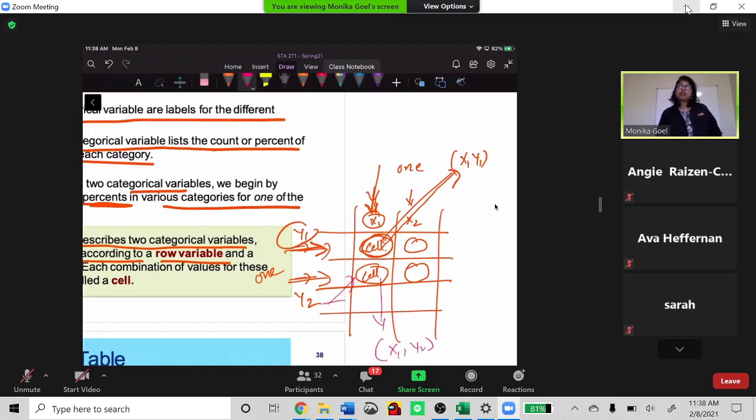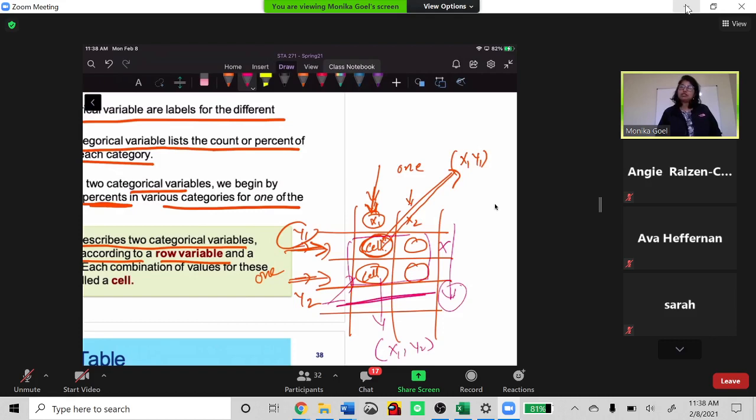When we talk about marginal distribution, and again the word marginal comes from the word margin, we are talking about only the margin of the two-way table. That means we are not going inside the cells. We are just looking at the outside, or the margin, of this two-way table. Marginal distribution does not tell us the relationship between two categorical variables.